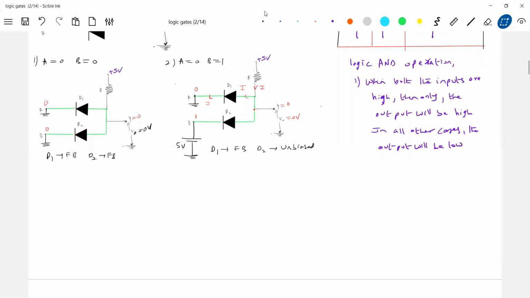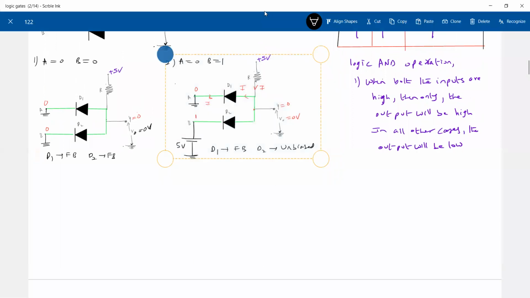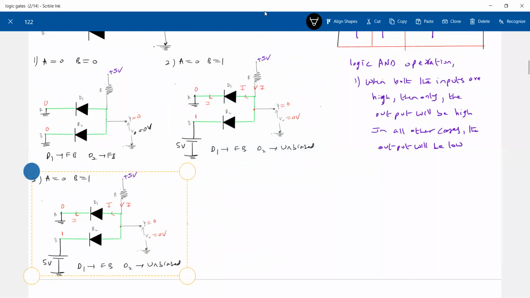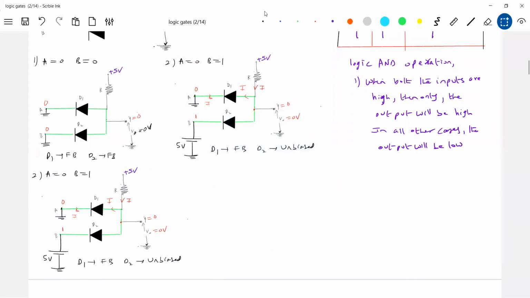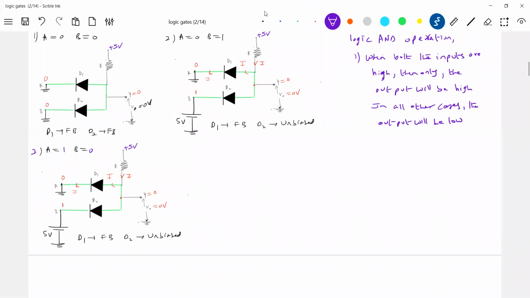Now let me go for the third situation. Logic 1, logic 0. So this will not be there. And the cell I'm going to connect there. Here logic 1, here logic 0.